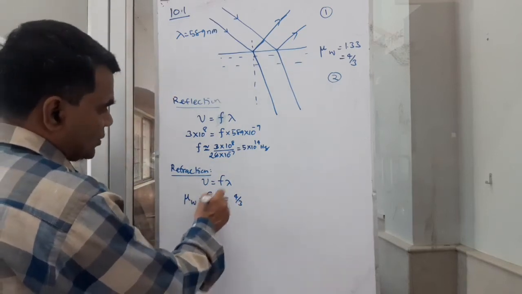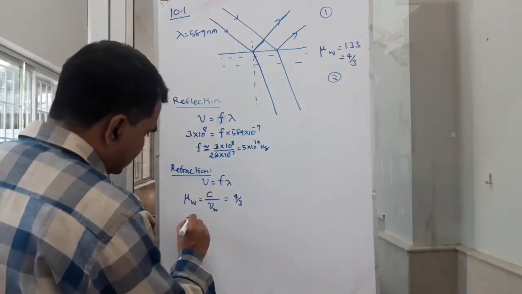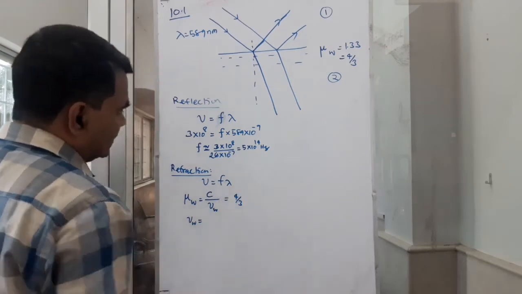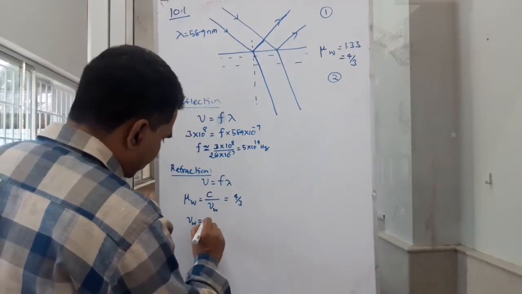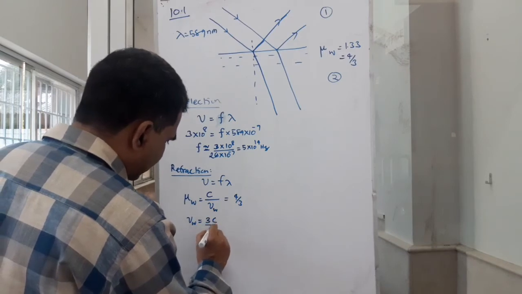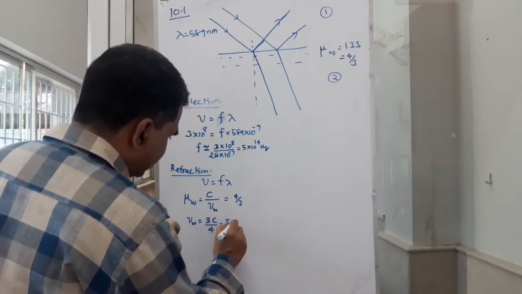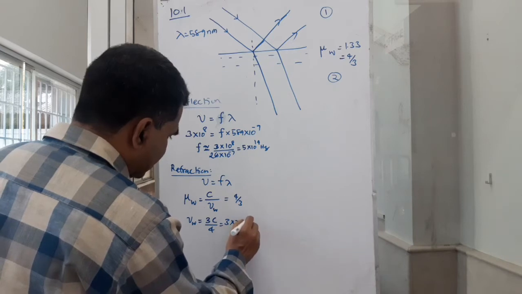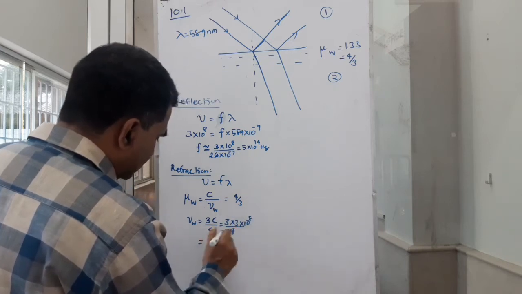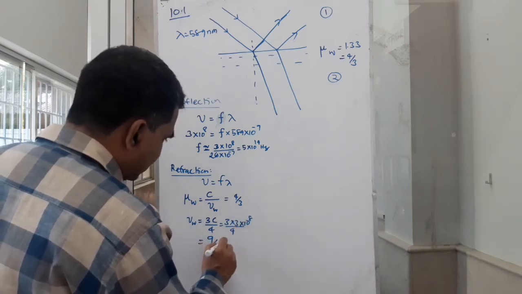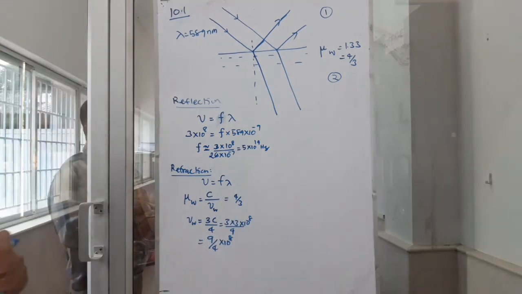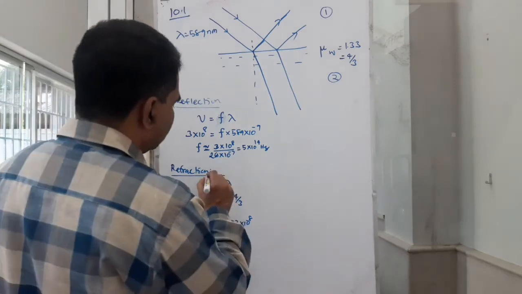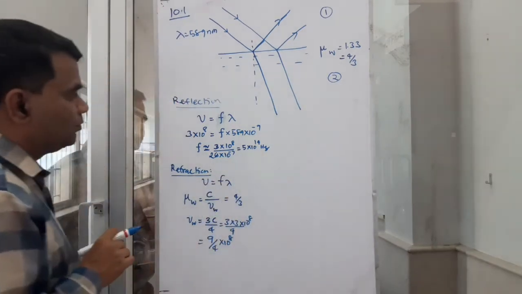And you know C, so you can find V. So V of water is actually 3C by 4, so it'll be 3 into 10 power 8 by 4. So this is 9 by 4 into 10 power 8. That's the speed.